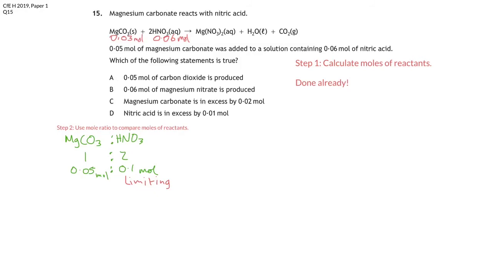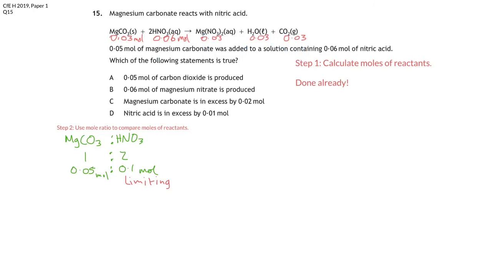Magnesium carbonate is in 1-to-1 molar ratio with magnesium nitrate, as are the rest of the products, so I can fill in the moles for them as well. So 0.06 moles of nitric acid reacts with 0.03 moles of magnesium carbonate to make 0.03 moles of magnesium nitrate, 0.03 moles of water, 0.03 moles of carbon dioxide.